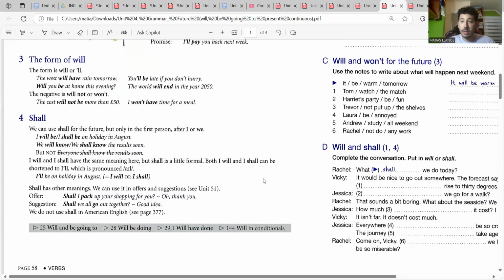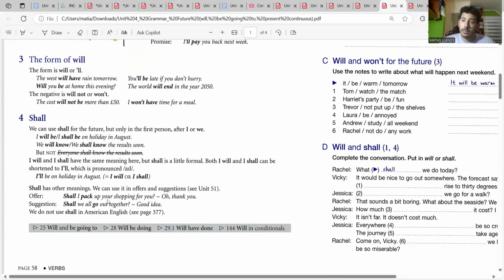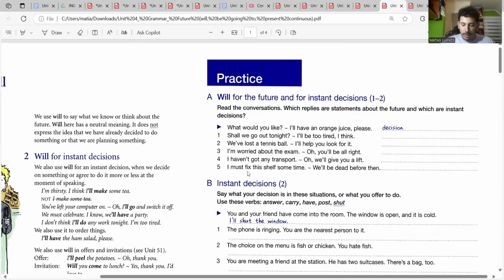I don't use it that often because it's too formal sometimes, and it has some meanings that I don't use. But shall is used as a formal way, and not always, as I said. But for this guide, we'll do it.